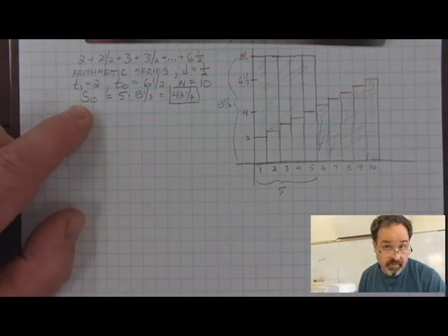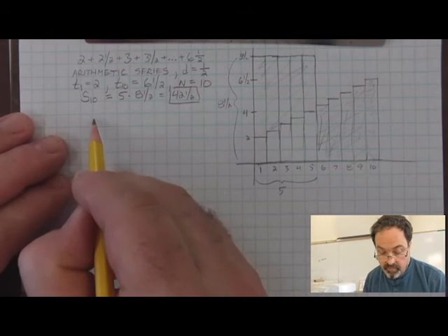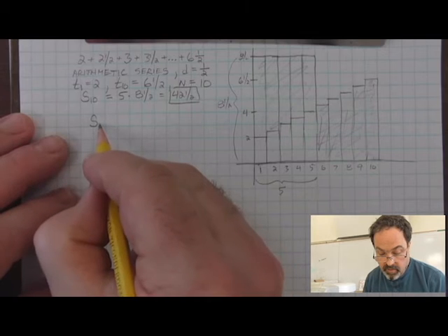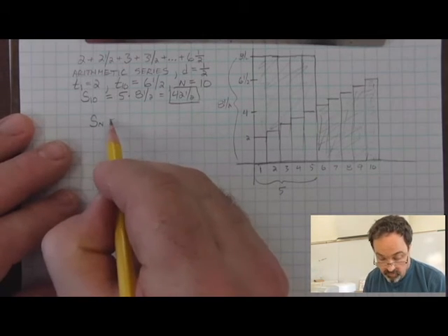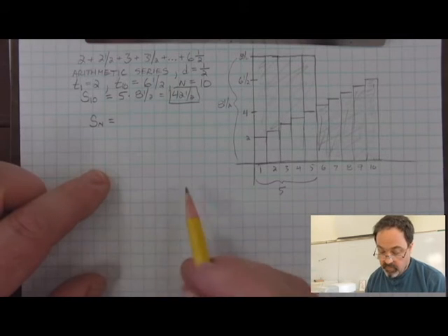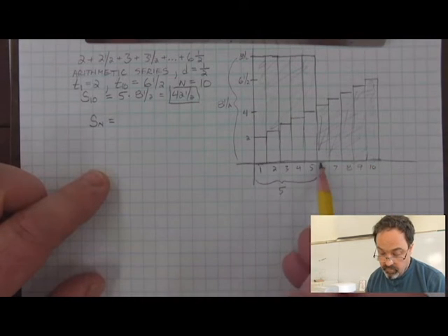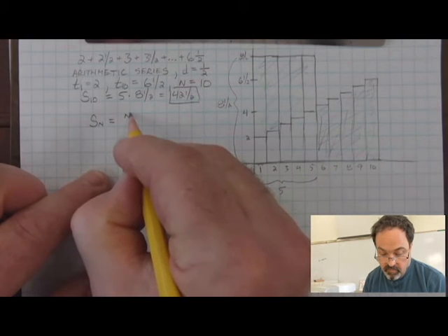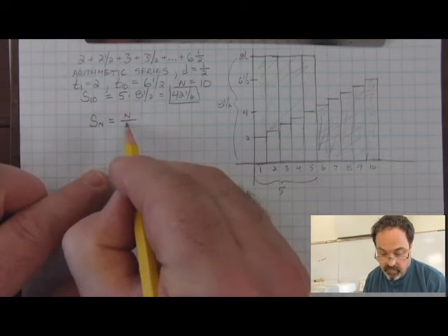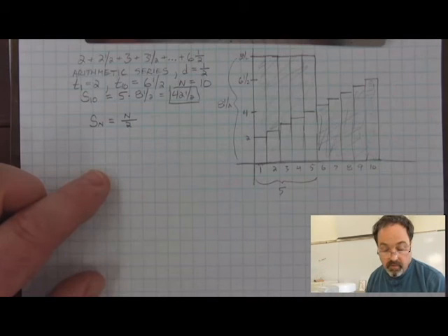But we can generalize this. We can find, given an arithmetic series, the sum of any n number of terms of that series. In general, what we do is we take half of the numbers that we're adding together. If n represents the number of things we're adding together, half of it is n divided by 2.